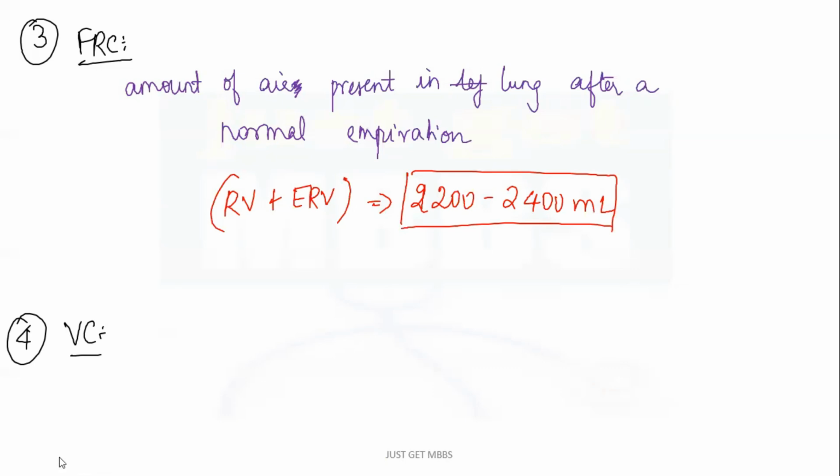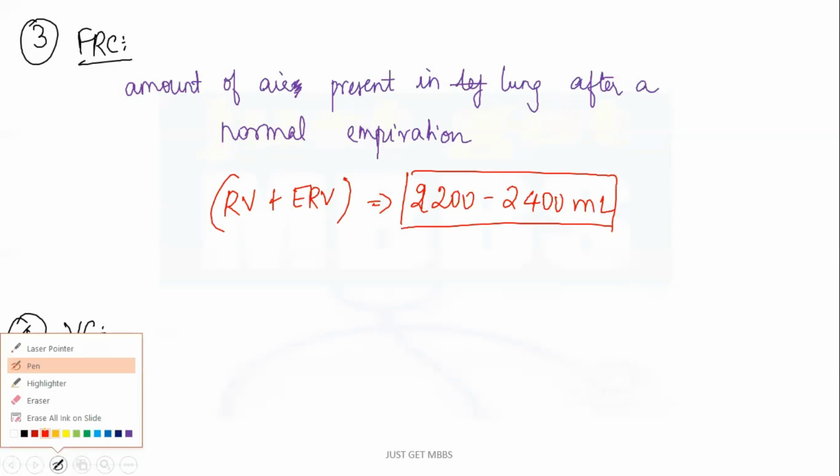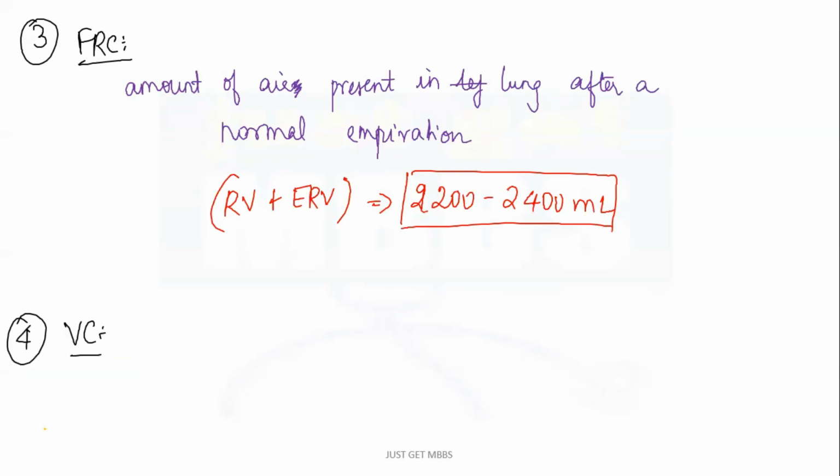Next one, vital capacity. This one is the definitions of inspiratory capacity and expiratory capacity combined, but the condition will be different. What is the definition of inspiratory capacity? Amount of air that you will inspire after a normal expiration, right? Here it is just the opposite way. Amount of air that you can inspire followed by a forceful, not a normal expiration, or amount of air that a person can expire followed by a forceful inspiration.